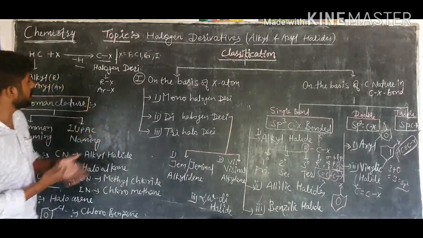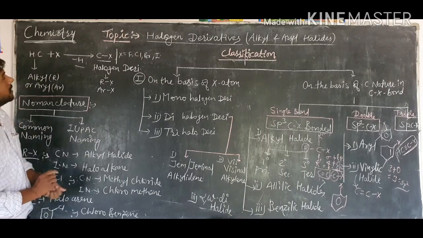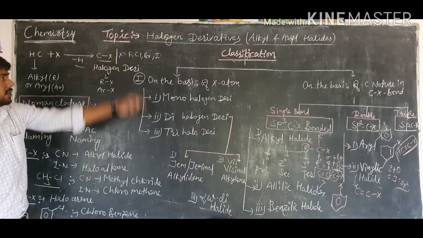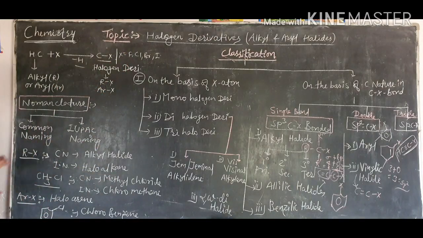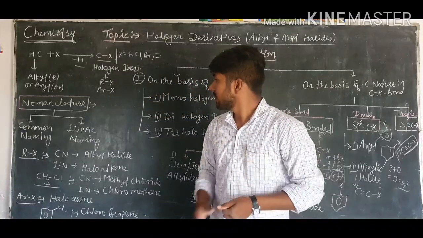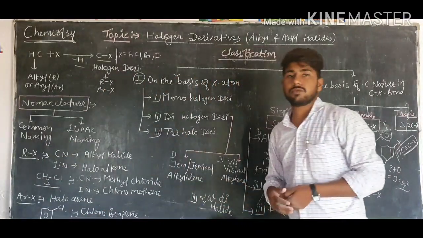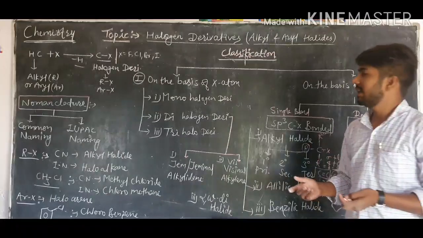Now we will discuss the nomenclature. In nomenclature there are 2 types we will discuss for halogen derivatives. First is common naming and second is IUPAC naming. Common naming means simple naming that is related to their origin and other factors.